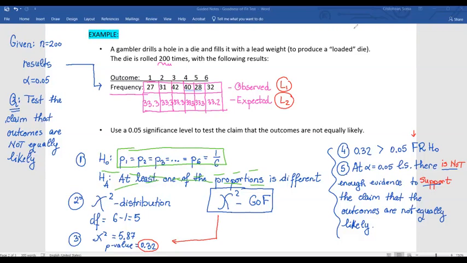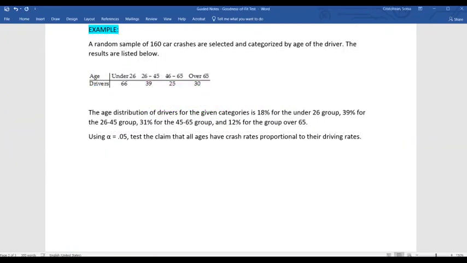Let's take a look at another example. A random sample of 106 car crashes are selected and categorized by age of the driver. The results are listed below. Age: under 26, between 26 and 45, 46 to 65, over 65, and these are the results, okay?